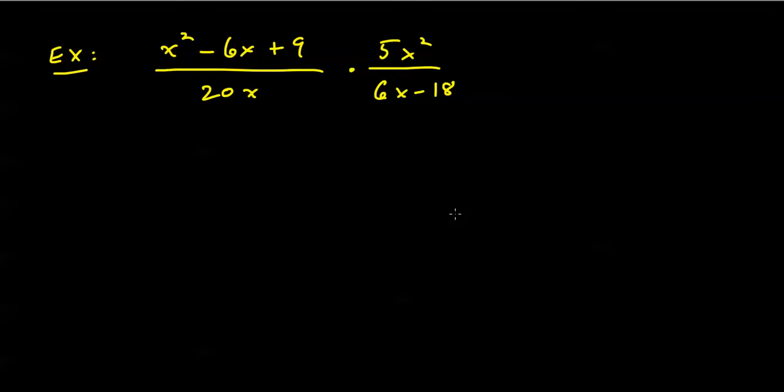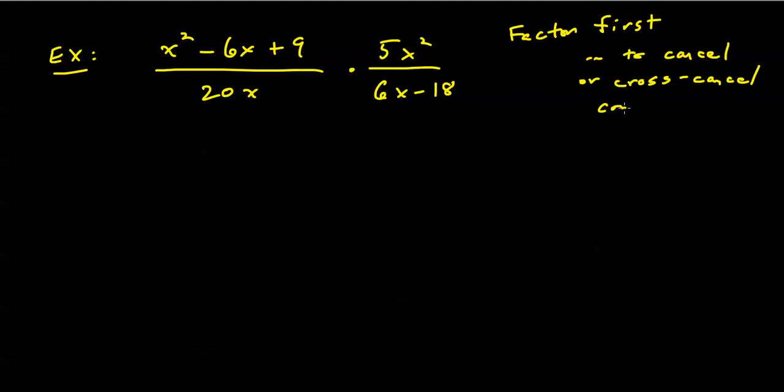I'm going to want to factor first to cancel out the common factors. So get used to that. We're going to need to factor each numerator and each denominator completely, factor first in order to cancel, or in some cases cross-cancel, common factors.